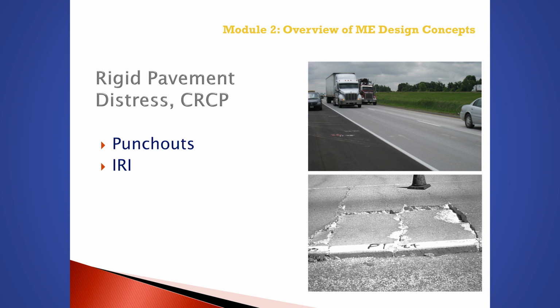The prediction model is an empirical relationship. A description of the regression equation for CRCP is included in Module 5. IRI is calculated from punch-outs, the initial IRI, and a site factor variable.